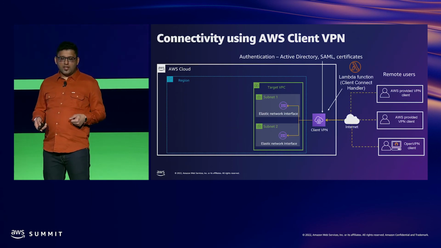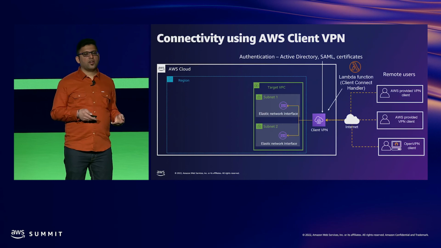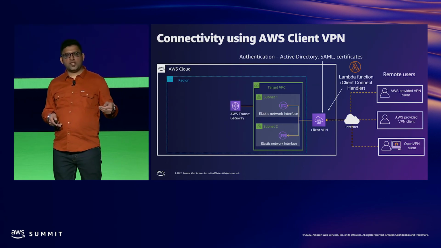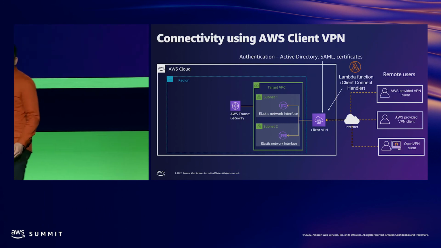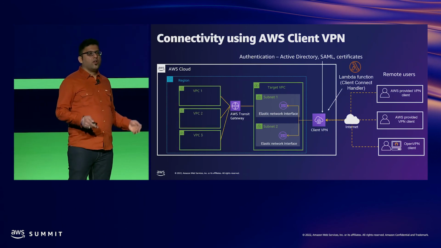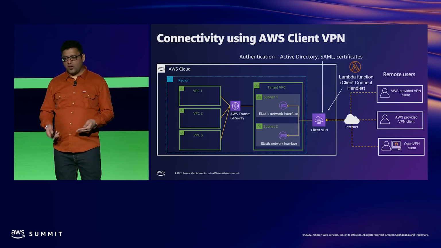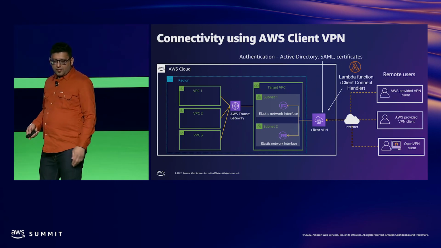Once you do that, your remote users can connect to the client VPN endpoint. You can use this architecture to scale to multiple VPCs that might already be connected to the transit gateway, or you can also have connectivity back to your on-premises environment using VPN or Direct Connect.